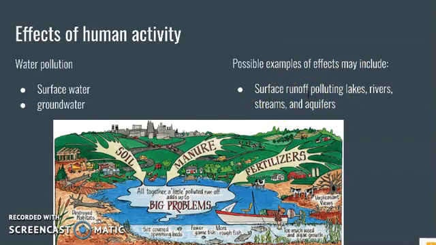Either some kind of fertilizer has some kind of harmful chemicals in it, that when it runs off of this land when it rains, that water is carrying that pollution, those harmful chemicals, into a body of water. And so it can be harmful to some fish. It could be harmful to some water plants as well. It can cause destroyed habitats.